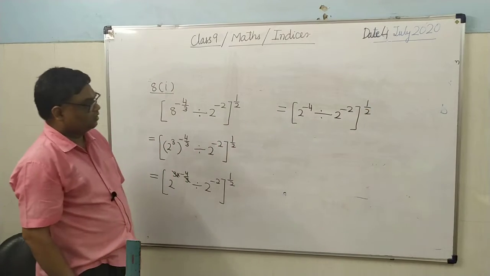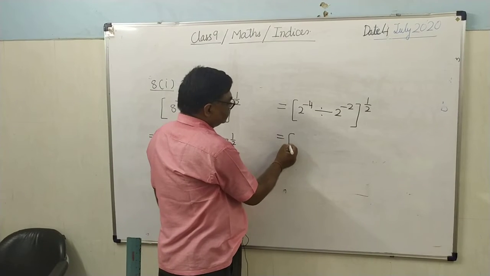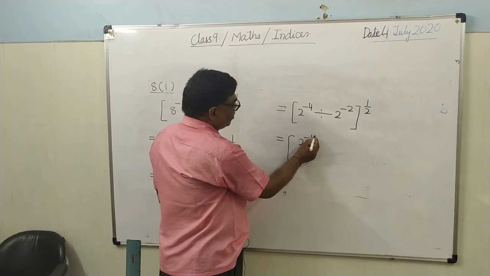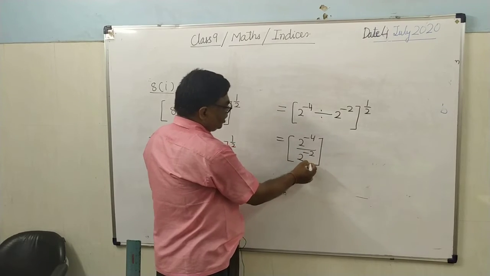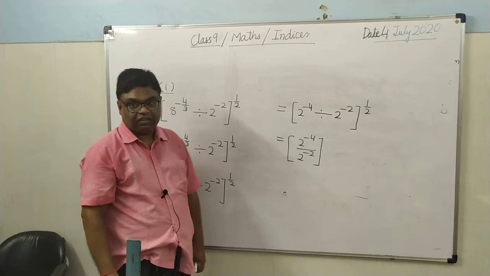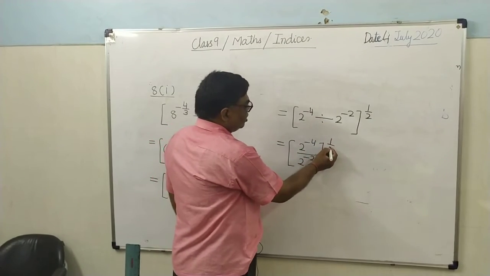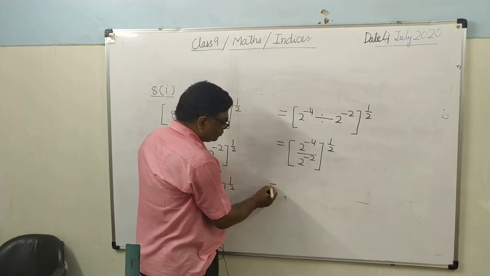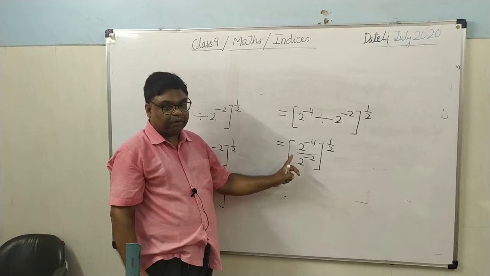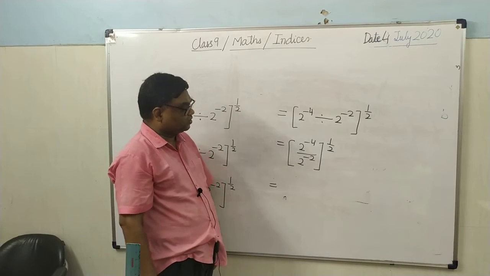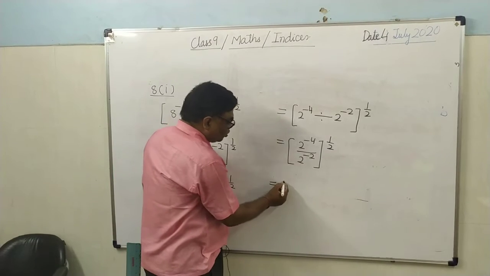It's clear? Now see here, we can write it as 2 to the power minus 4 upon 2 to the power minus 2. This way also you can write in the form of fraction. This division can be written in the form of fraction. Now what will you do? When you carry this term to the numerator, its power will become positive, or you apply the quotient rule. So how will you apply the quotient rule?